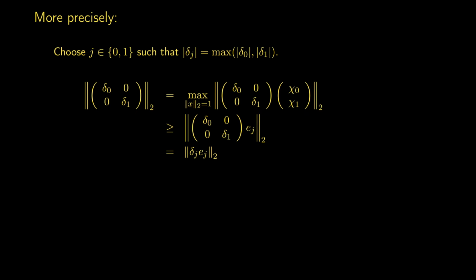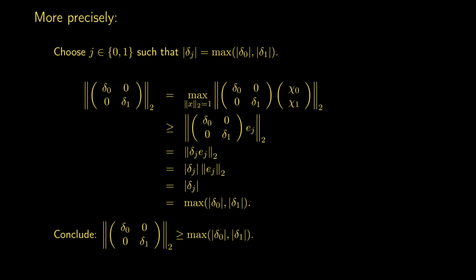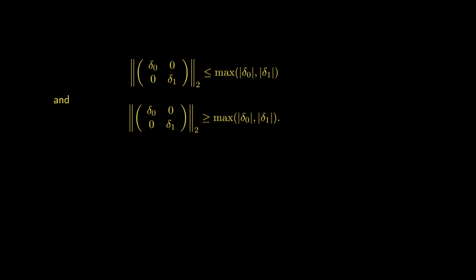And then we can just push that through to find out that we get the absolute value of the diagonal element that we said was equal to the maximum of the absolute values of the diagonal elements. And therefore we conclude that the 2 norm of the 2 by 2 diagonal matrix is also greater than or equal to the maximum of the absolute values of the diagonal elements. And then we know that if it's both less than or equal to and greater than or equal to, then it must be equal to.